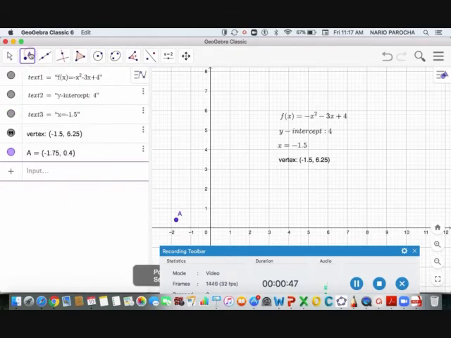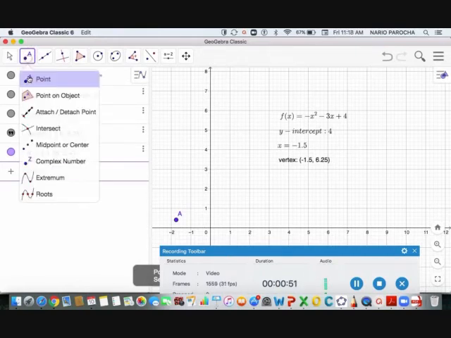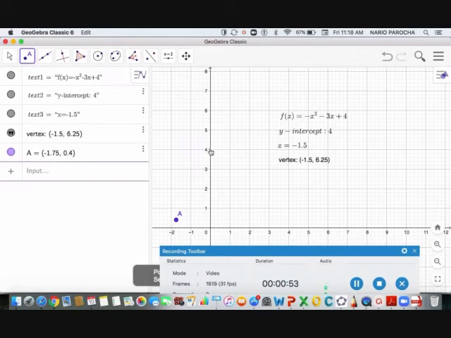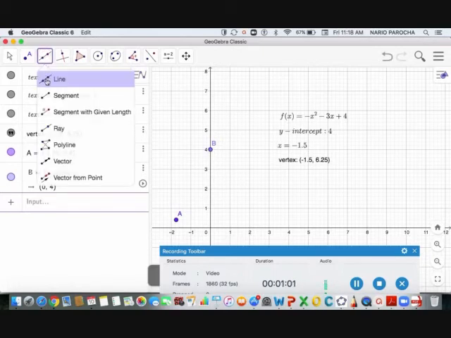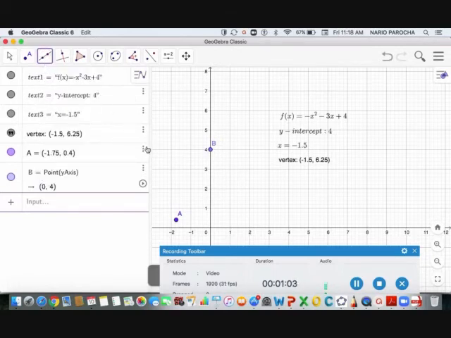Let's begin with the y-intercept. We need a point. Now let us draw the axis of symmetry. We're going to make use of a line. The axis of symmetry is negative 1.5.